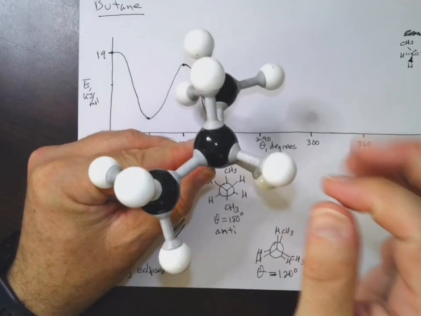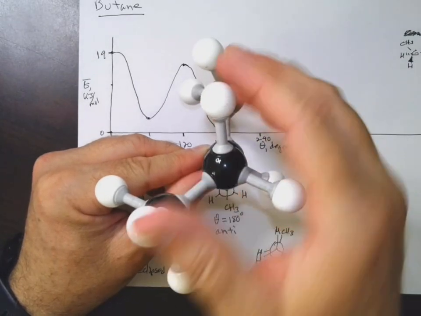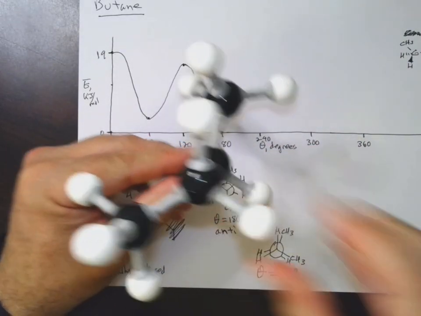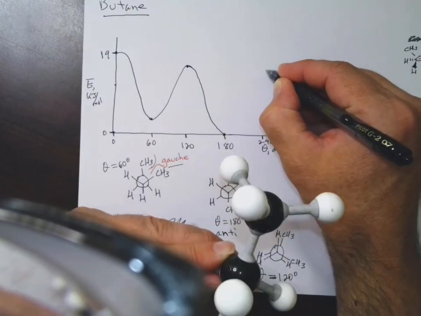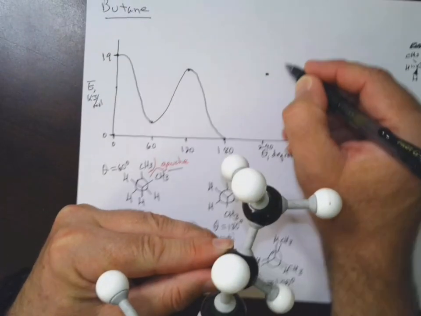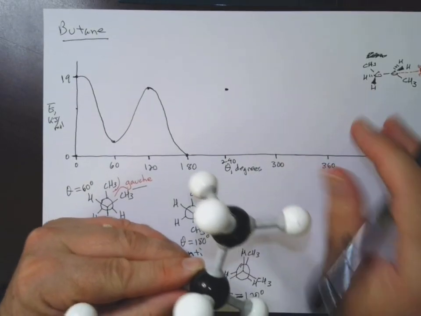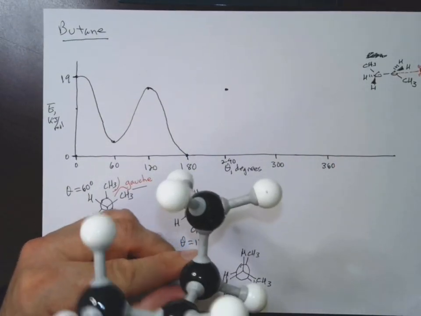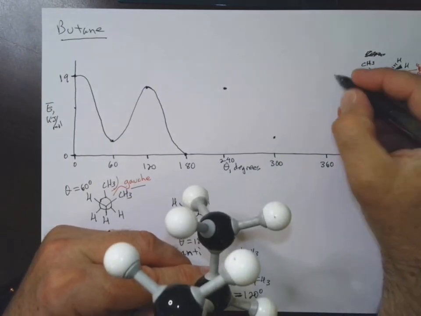I've got the same interactions: one hydrogen-hydrogen eclipsed and two methyl-hydrogen eclipsed. So 240 is going to be back at that point. And then 300 is another gauche interaction, so that's there. And then 360, I'm back to where I started.